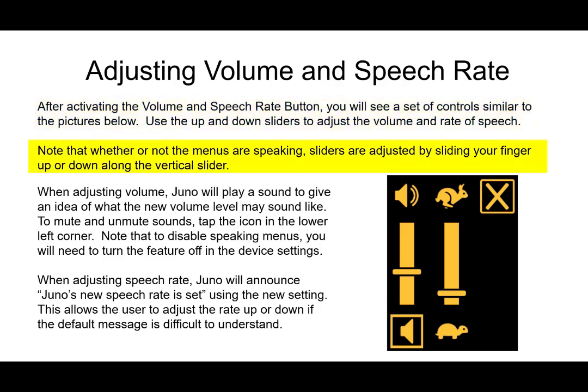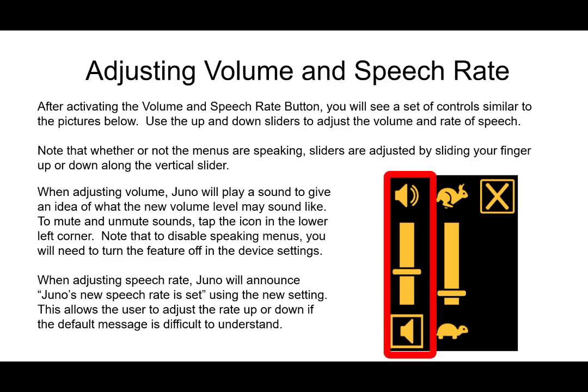So note that whether or not the menus are speaking, the sliders are adjusted by sliding your finger up and down along the vertical slider. So you don't have to double tap to interact with these sliders just because of the way they are on the screen. They will read the item under your finger when the talking menus are enabled, but you don't need to do any specific kind of gesture.